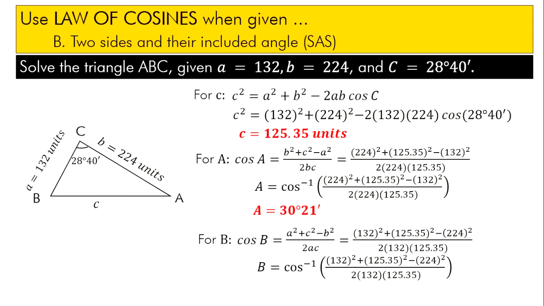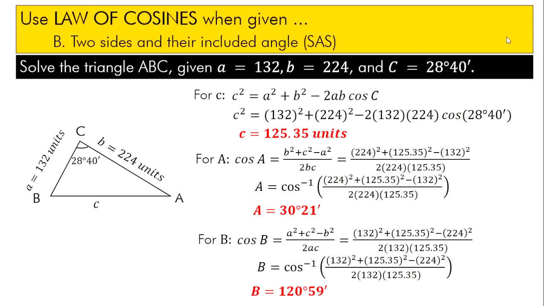If you calculate this, you will obtain angle B, which is 120 degrees and 59 minutes. If you add the three angles here, the total is 180 degrees. So that is for the law of cosines, given three sides or side angle side.